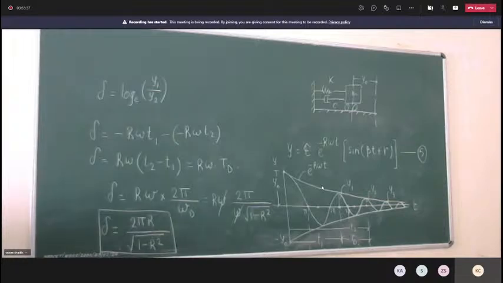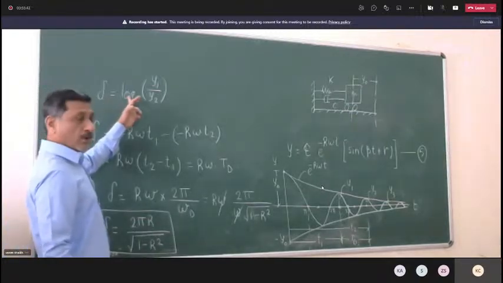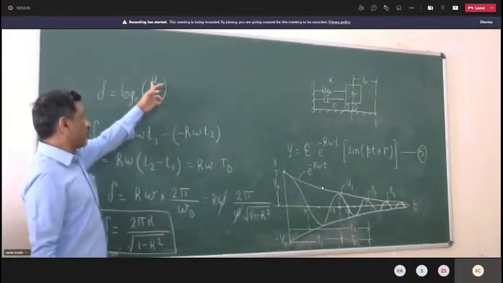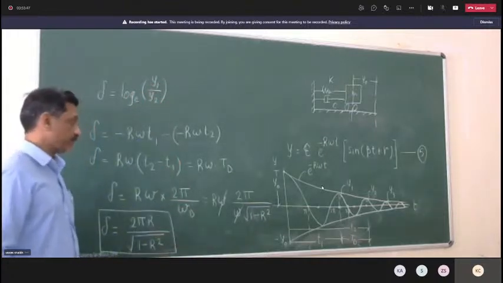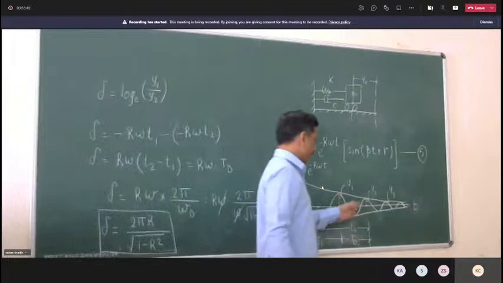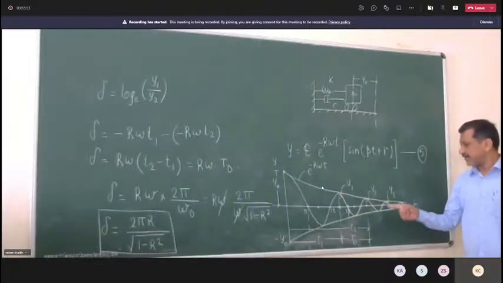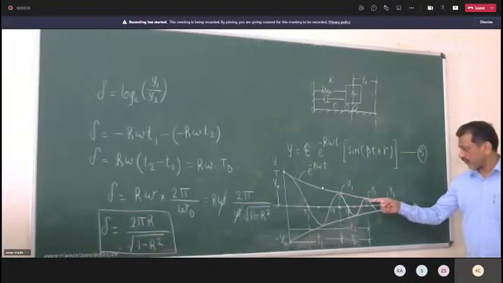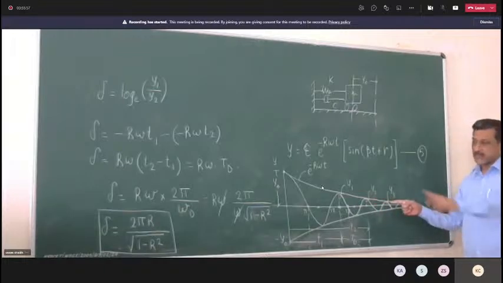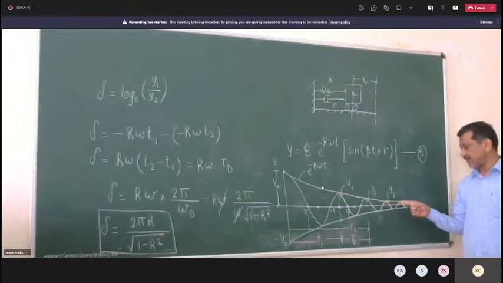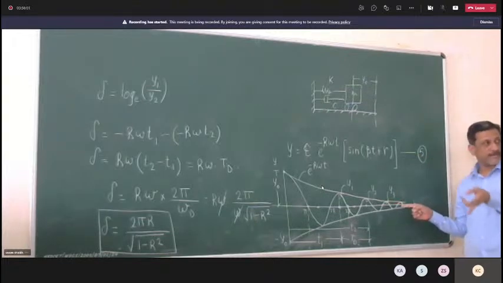Okay. So what is logarithmic decrement? It is the natural log of the ratio of y1 upon y2. Even you can take y2 upon y3, same ratio you will get. y3 upon y4, same.